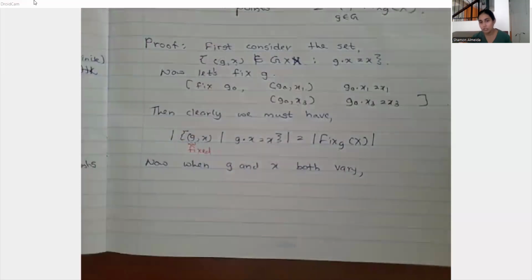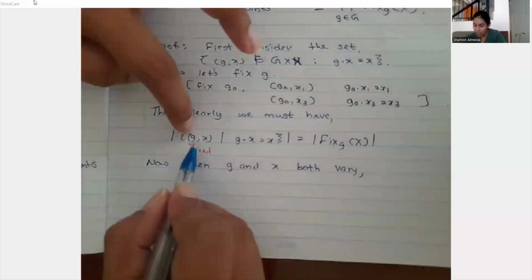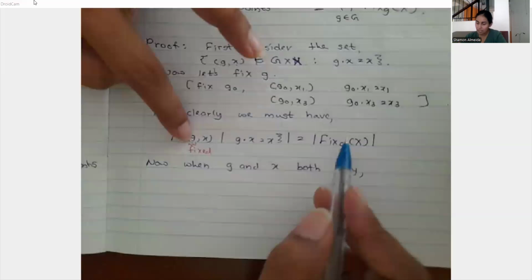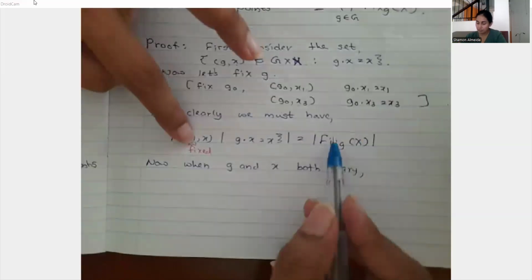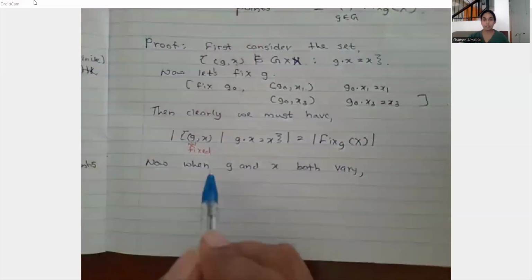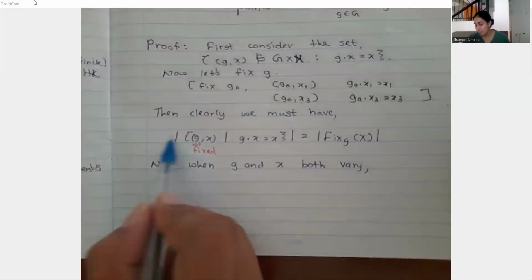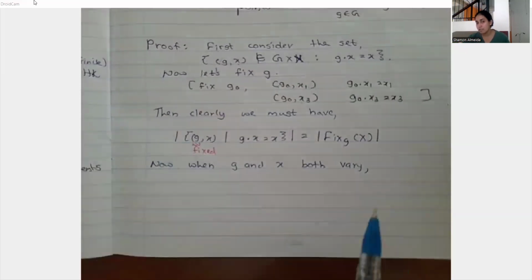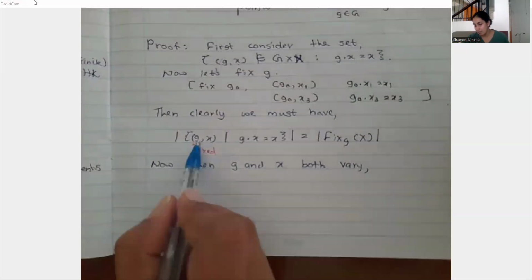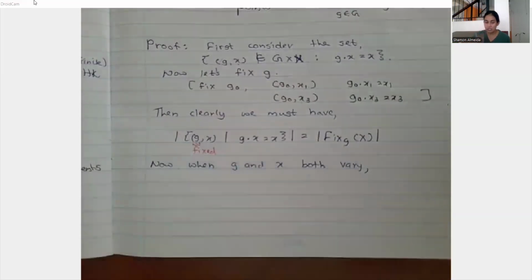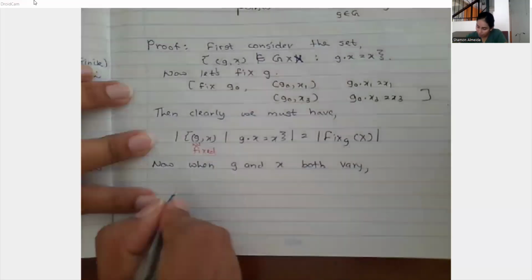Now we change that to g₁. Now when g₁ is fixed, once again the number of elements of this set, when g is simply replaced by g₁, would simply be the same as the number of elements of Fix_g₁. And when you vary g into g₂, once again, this will be replaced by g₂.